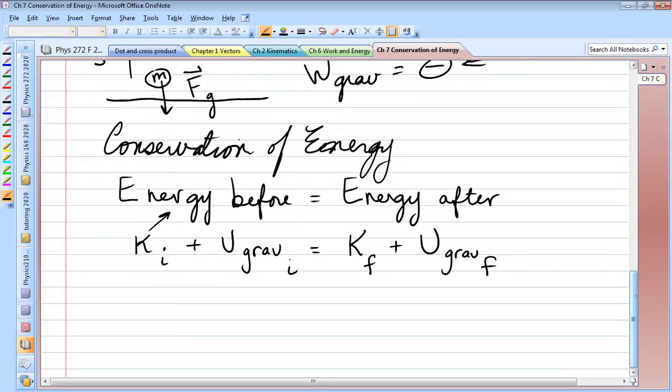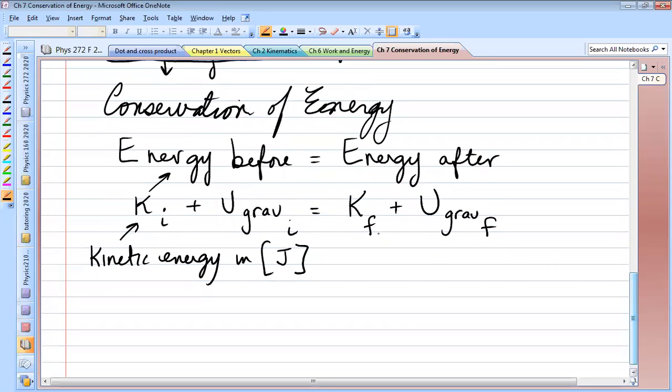Okay, so that's when there are no other forces, only gravity is working. So this K, remember, is kinetic energy in joules. And I stands for initial and F stands for final. And then this is potential energy, also in joules.